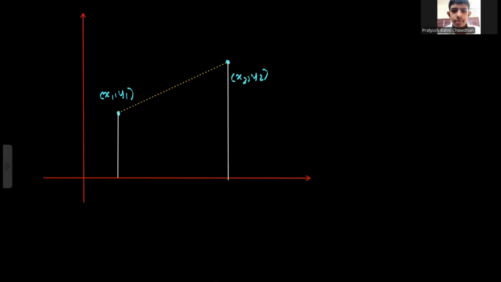Okay. And another joined from here to here. Yes. Now see, what is this? This part is y1, right? Y1. What is this?